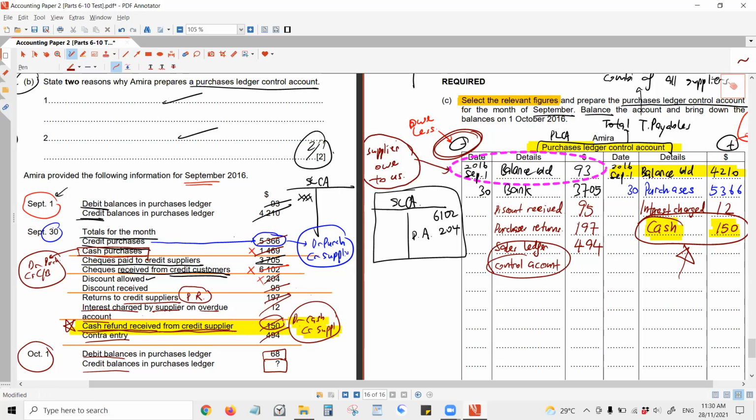We probably have overpaid. That's why suppliers owe to us. And this figure is what we receive to offset this. Because due to certain reasons, supplier owes to us, maybe we have overpaid. And therefore, right now we receive money from the supplier so that it can offset the amount the supplier owes to us. Wenhui, can you understand?